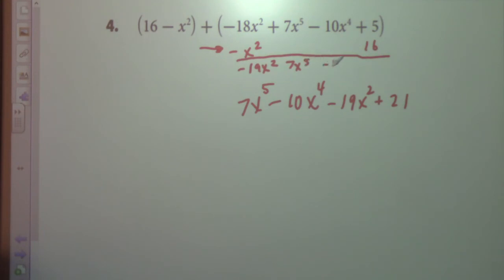And minus 10x to the 4th. Here's your plus 21. Is everything good on that one? Good. Looks good, okay. Questions on that one? That's not bad, is it? No. Not bad.